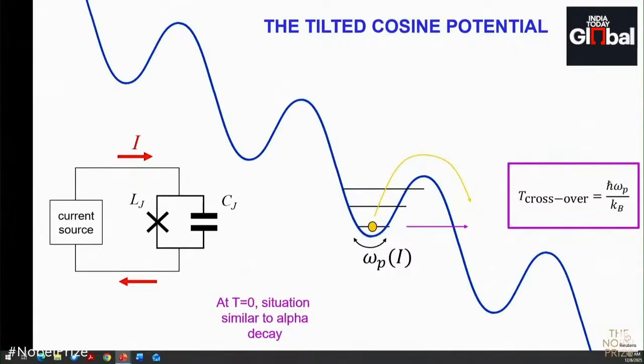The yellow process is a process in which the thermal excitation is going to help you go from one level to the next and so on until you go out of the barrier by the top. If you are in the regime where the temperature is sufficiently small, and the crossover temperature is given by this ratio of the energy separation divided by k Boltzmann, then you will escape through the barrier by the tunneling corresponding to the purple arrow.